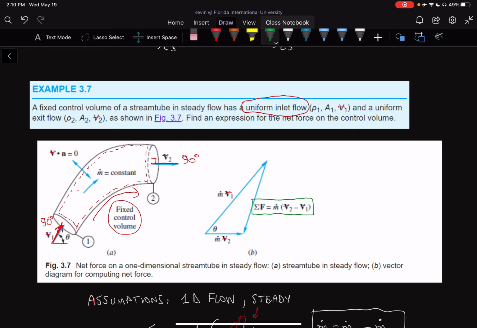So we can also express it in a vector relation, but essentially what the force needs to do is balance the change in momentum of the fluid.